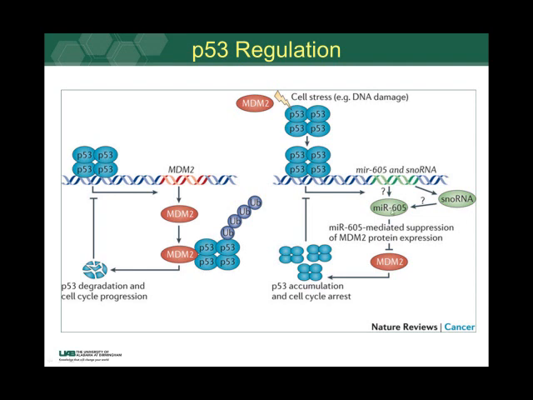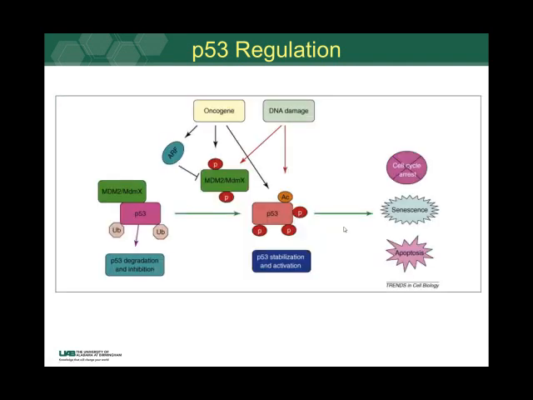Now, microRNA 605 is used to degrade the messenger RNA for MDM2, thus lowering the level of MDM2 and not making it available for complex formation with p53. p53 level then is elevated. And so this is how p53 is regulated.